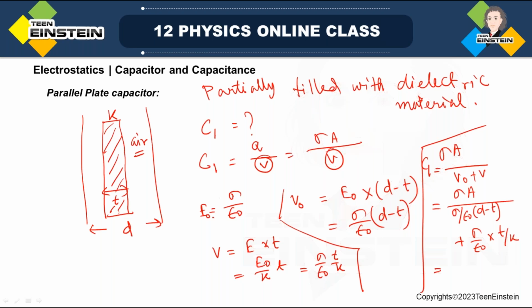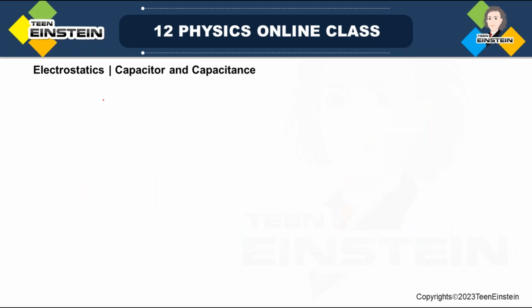If I take sigma common from both, this sigma goes off. So A divided by D minus T over epsilon 0, plus T by K epsilon 0. I'll go to the next page and write.